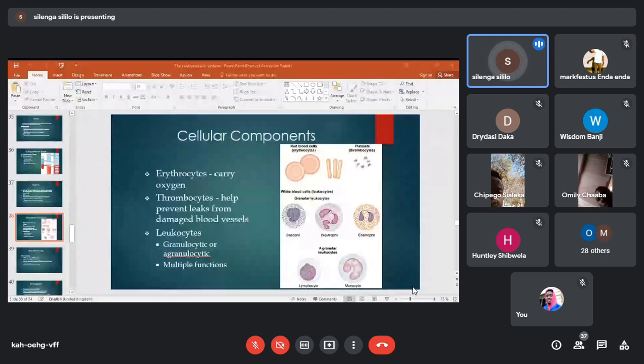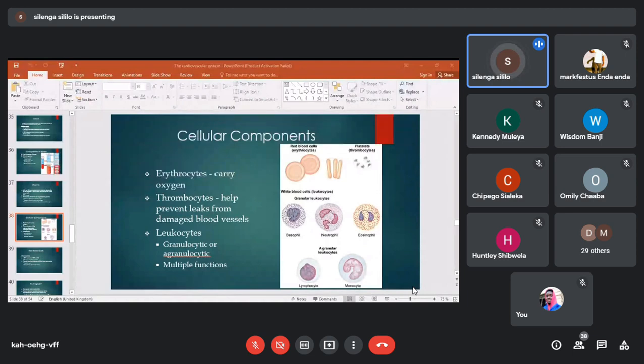The granulocytes are split into basophils, neutrophils, and eosinophils. The agranulocytes are the lymphocytes and monocytes. The lymphocytes are divided into the B lymphocytes and the T lymphocytes. Then from the monocytes, you have the macrophages, the mast cells, and the memory cells that produce antibodies.